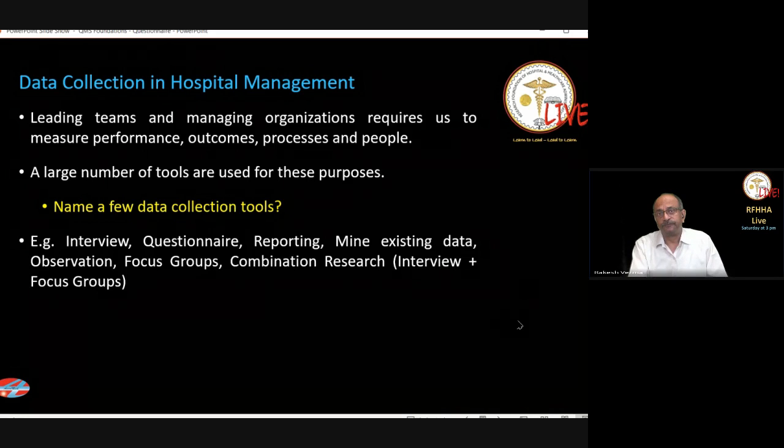For example, if you want to know the validations in the CSSD, you will possibly take the printouts from the autoclaves where you have the recording of the temperature and the holding times. So that is another way of collecting data. So we essentially need a tool for collecting data, and the questionnaire is one such tool about which we will be talking today.